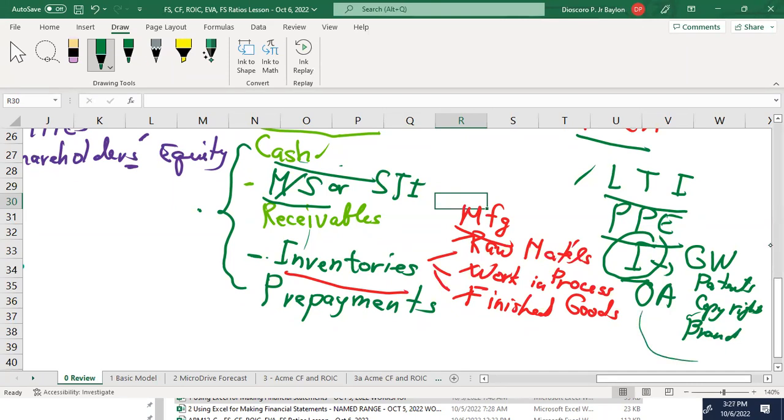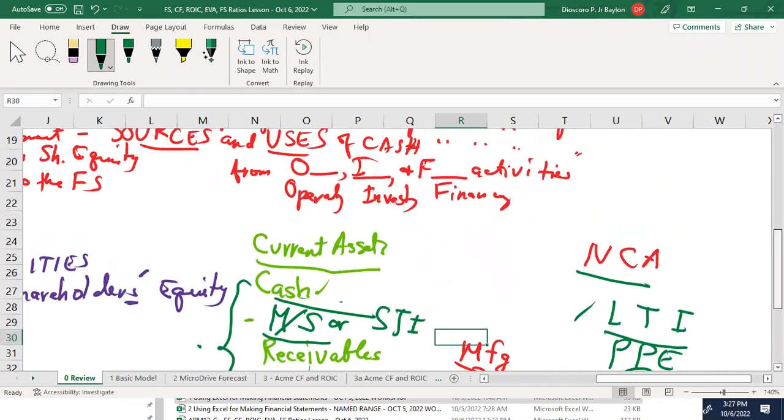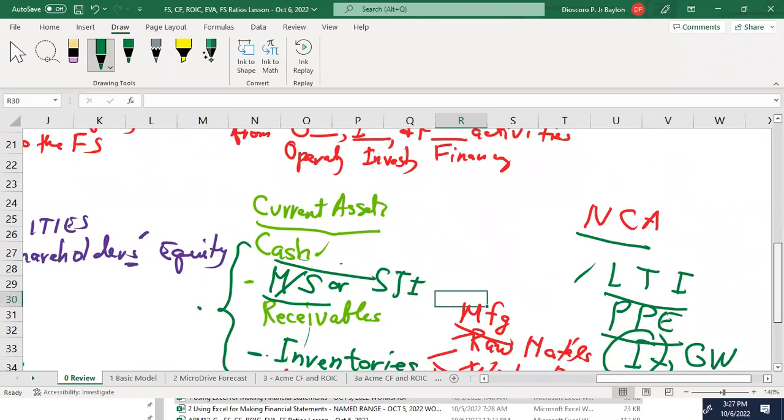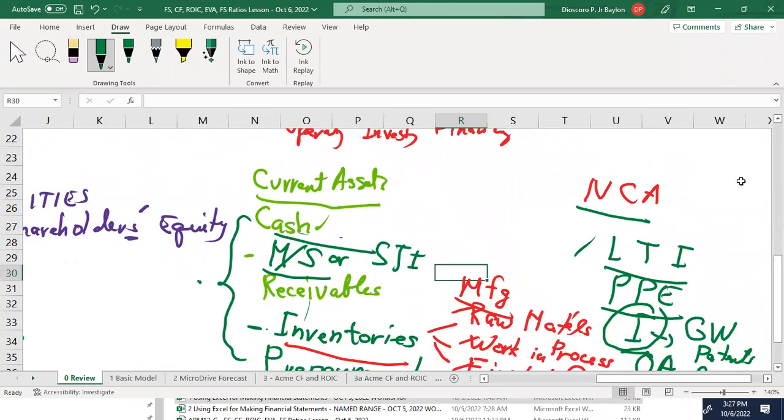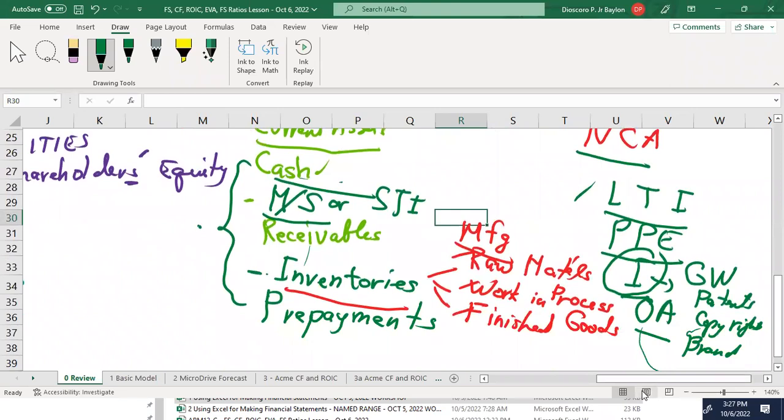They provide value to the firm that cannot actually be touched, which is why they are intangible. And they form part of your non-current assets. And lastly, those other assets that cannot be classified here form part of what we call the other assets. So those are the types of assets: current assets and non-current assets.